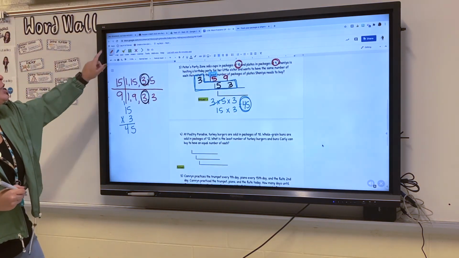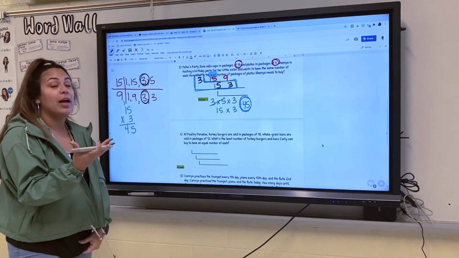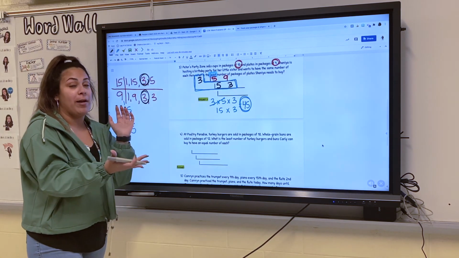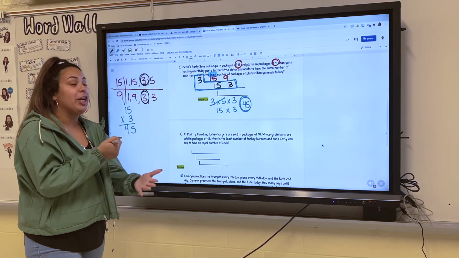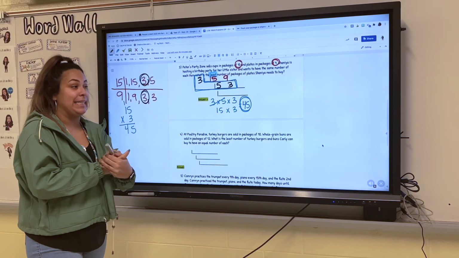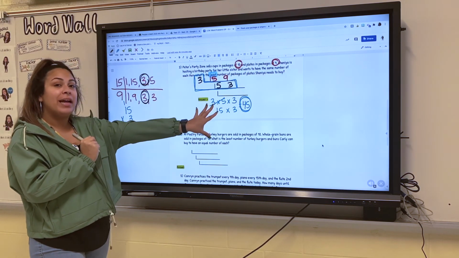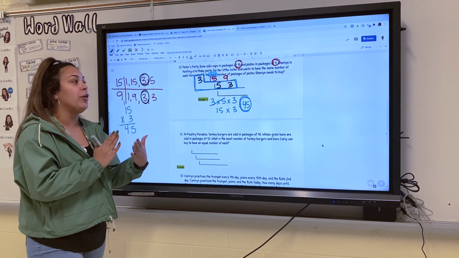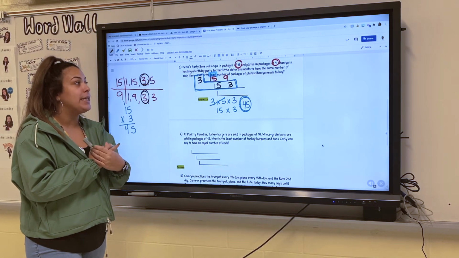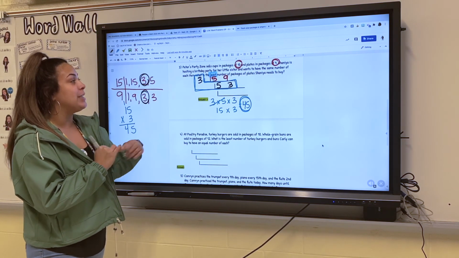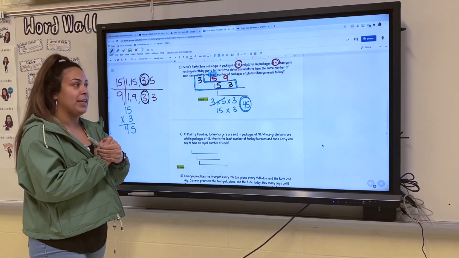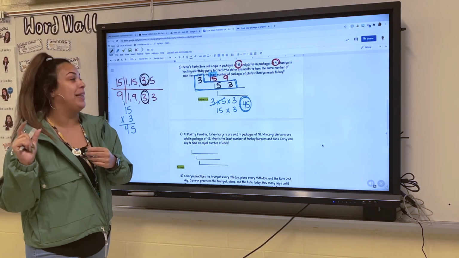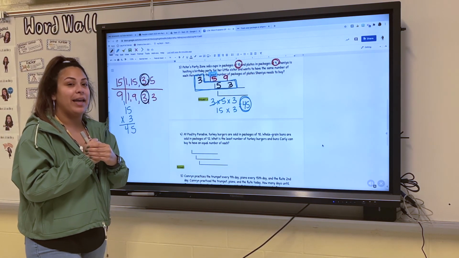But we are not done trying to finish this problem. Remember, I want y'all to write your answer in a complete sentence. So even though our answer is 45, I still want you to write your answer as a complete sentence. The question says, what is the least number of packages of cups and plates Shania needs to buy?